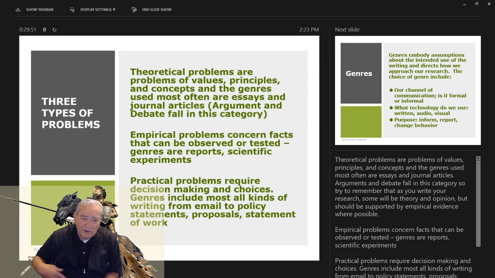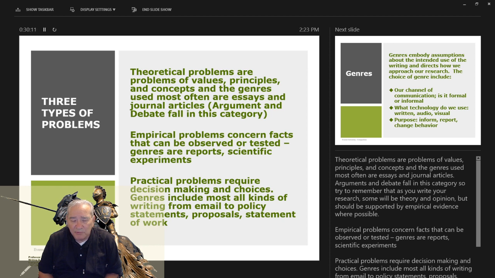There are theoretical problems, empirical problems, and practical problems. These are the three assumptions about the intended use of writing and how they direct our approach to writing.